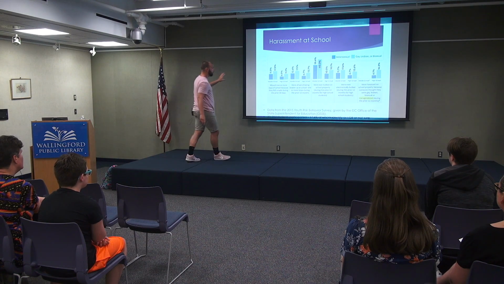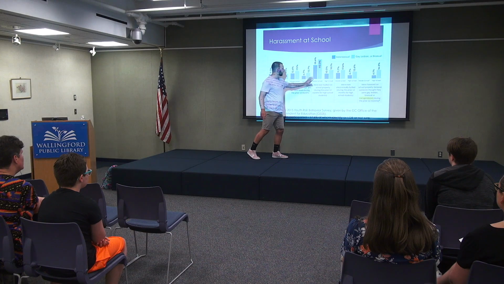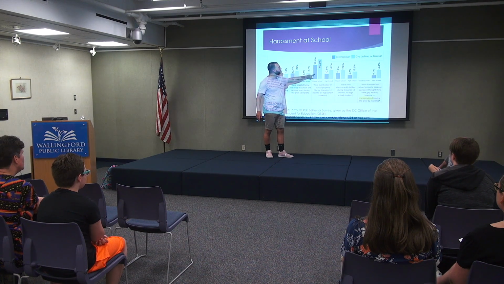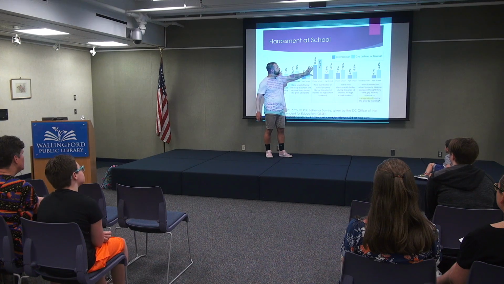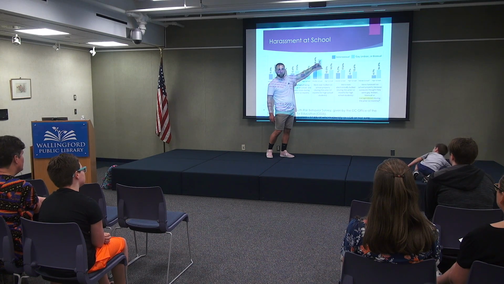If you look right around here, in middle school, the darker blue is heterosexual. 28% of those students were bullied on school property. 40% of our gay, lesbian, and bisexual students were bullied on school property.